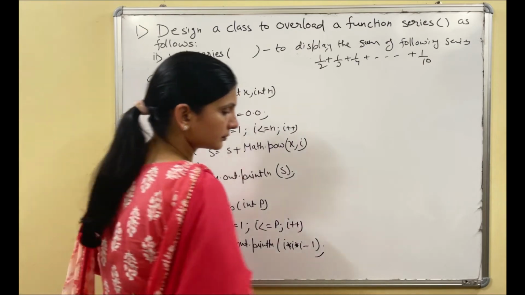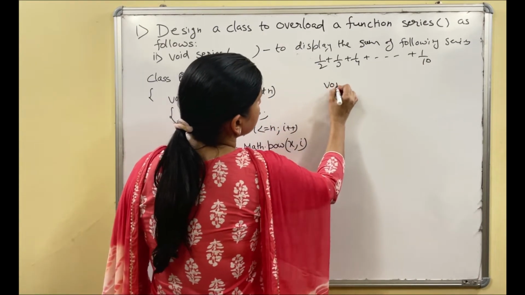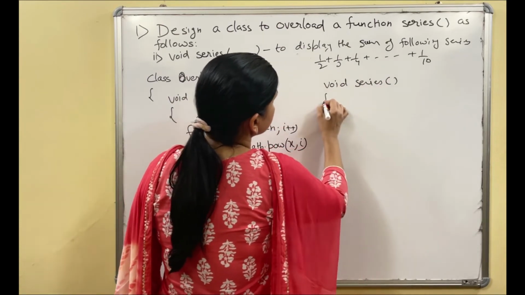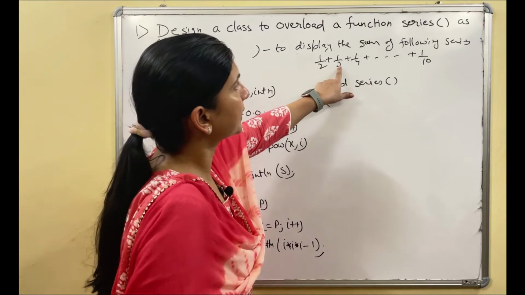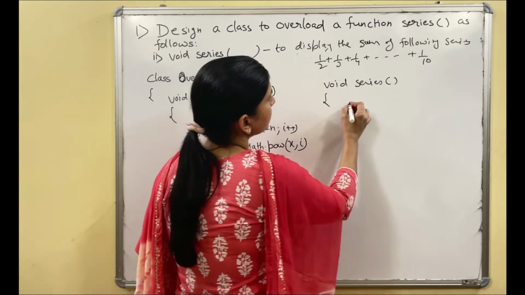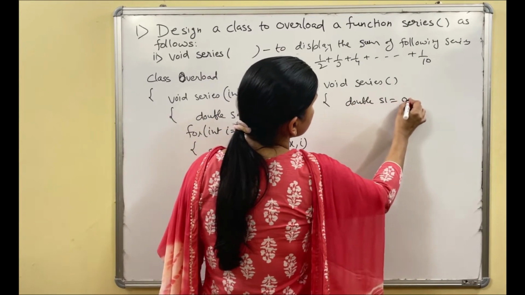So let's make the third function now. Void series without parameter. So how will you find out the sum of the series? Again, to find the sum, we will take a variable, double s1 equals 0.0.